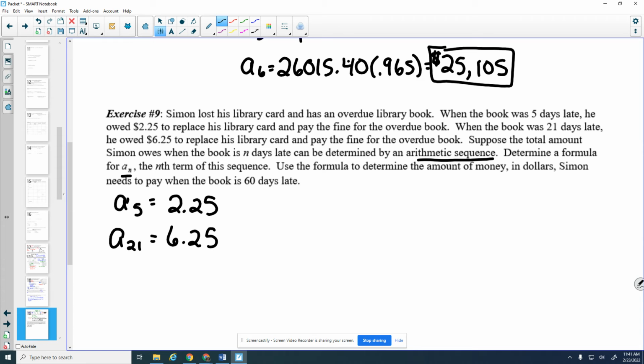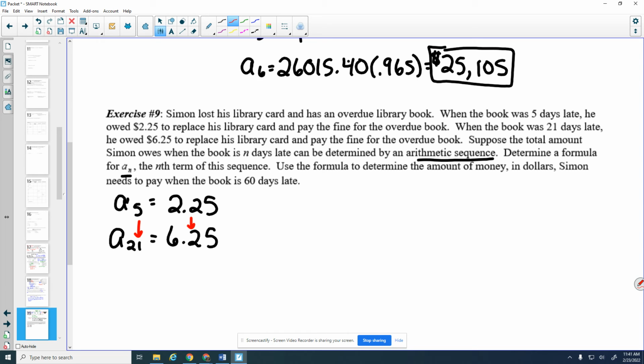So we're actually going to think about this like a slope formula, because over the 16 days that came between 5 and 21, it changed by $4. Now, I can kind of figure it out that way. If over 16 days it changed by $4, each day it changed by a quarter, right? Because 16 quarters would make the $4.